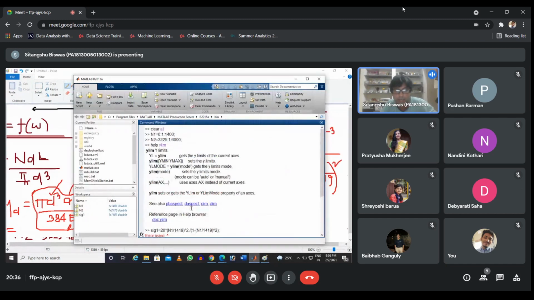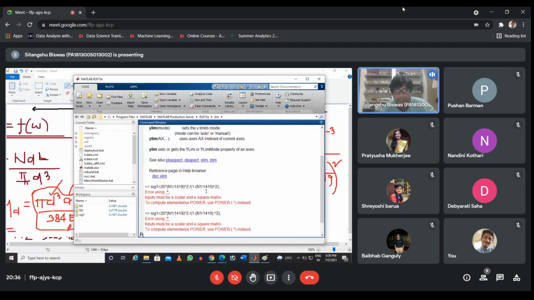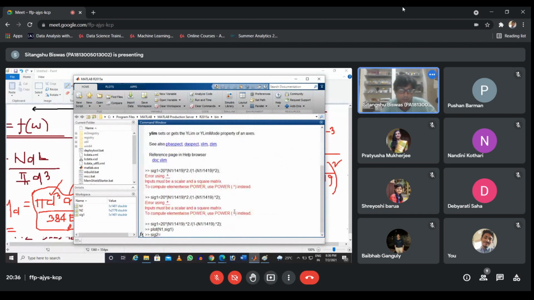As I told, my N2 started from 3, 2 to 5 because that is the second range. So that is equal to 20 something. That figure may not be correct.